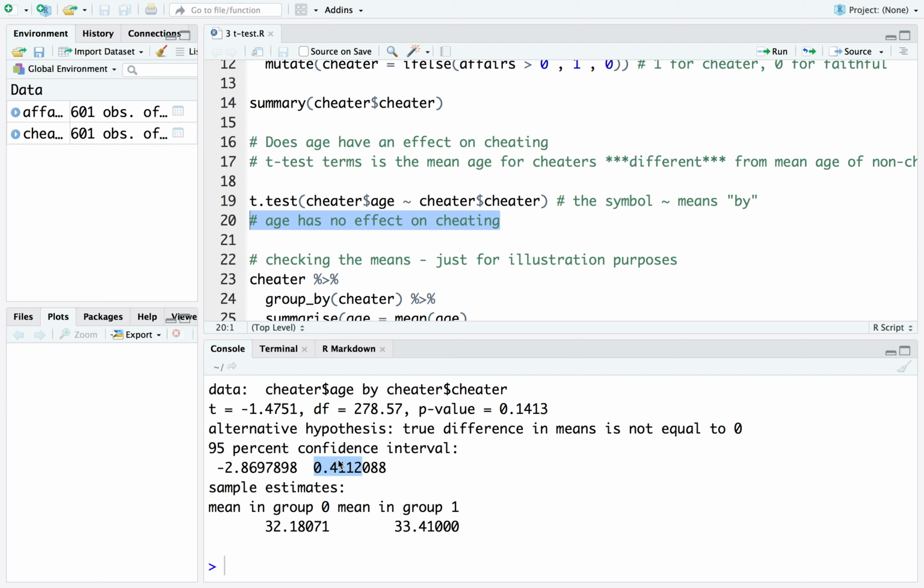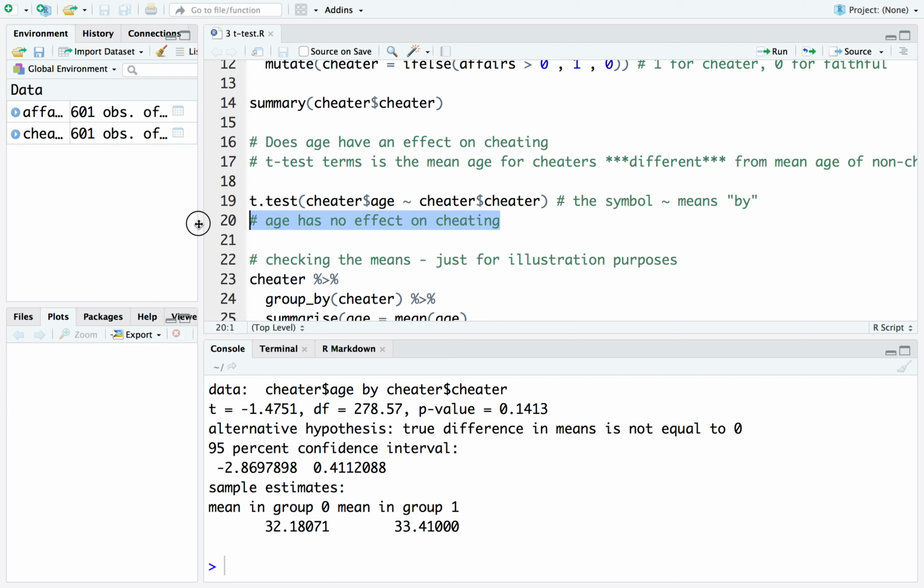However, between these two numbers is the number 0, so there is a probability that the difference between the ages of these two groups is 0, meaning that they are not different. So we conclude that age has no effect on cheating.